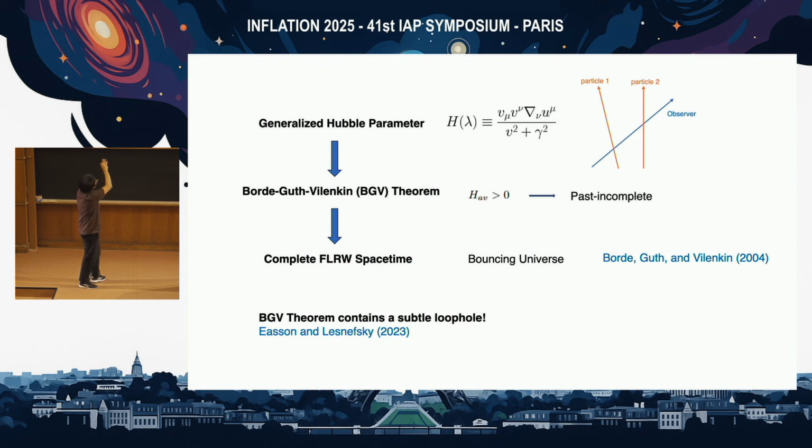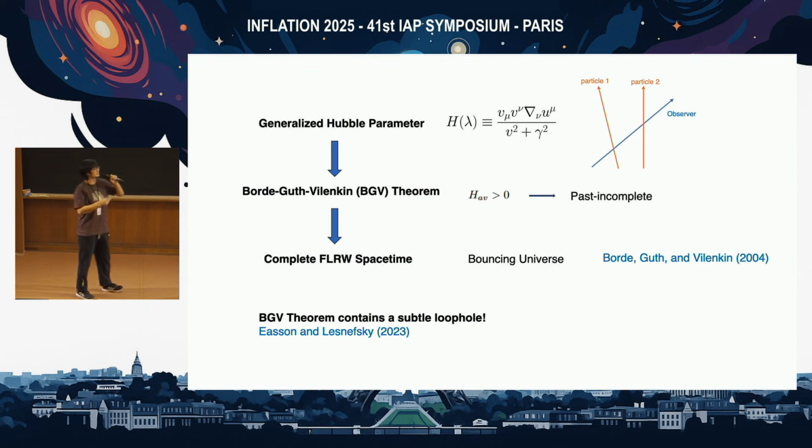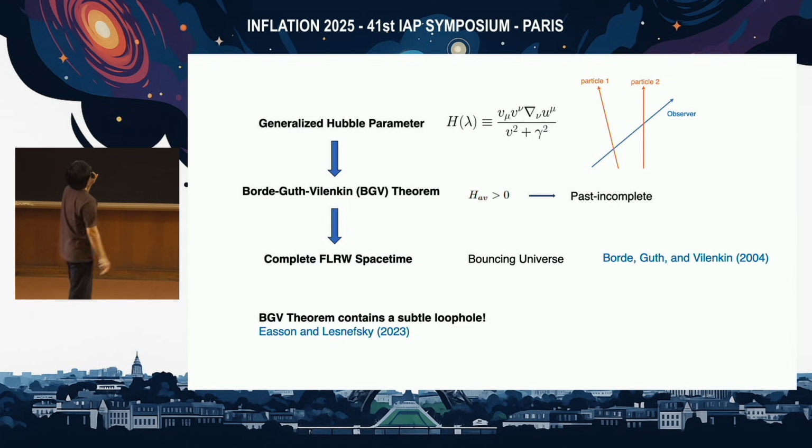The BGV theorem gives a criterion: if the time average along the observable of the generalized Hubble parameter is greater than 0, then the spacetime is path incomplete.